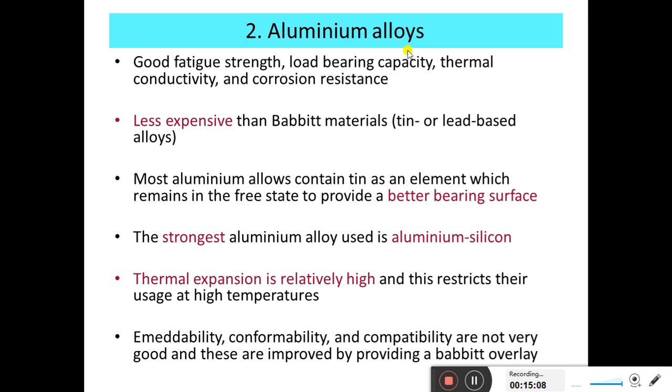Aluminium alloys, we already know, have n number of alloys. Mainly they are categorized as wrought aluminium alloy and cast aluminium alloy. We already discussed in material science what is meant by aluminium and what are its alloys.